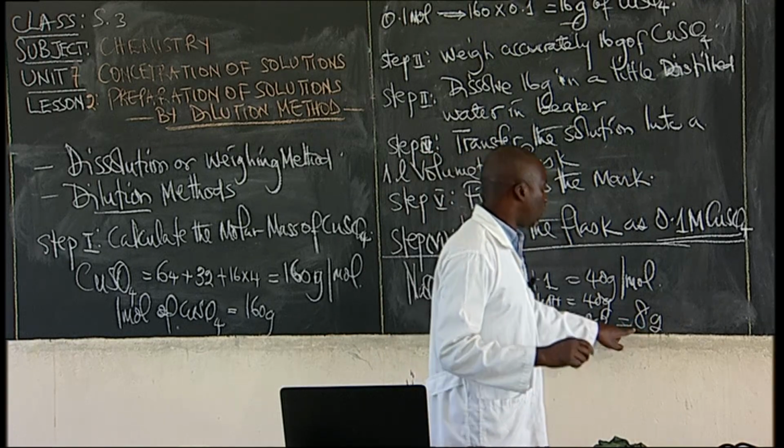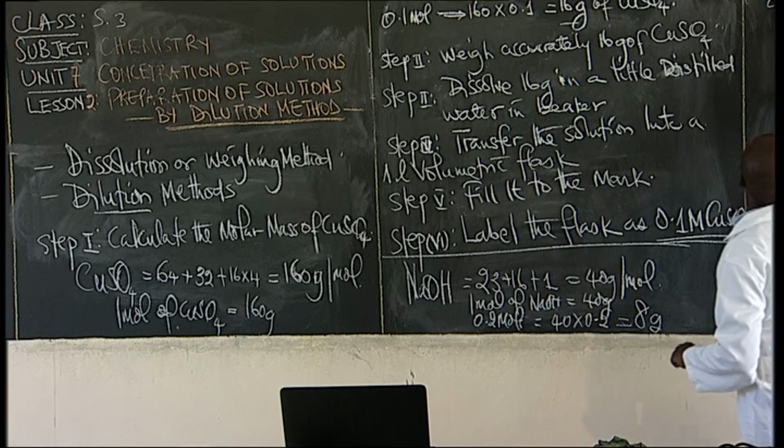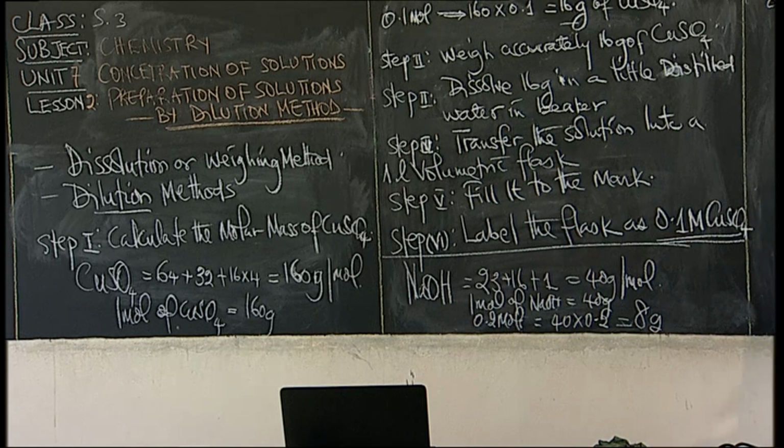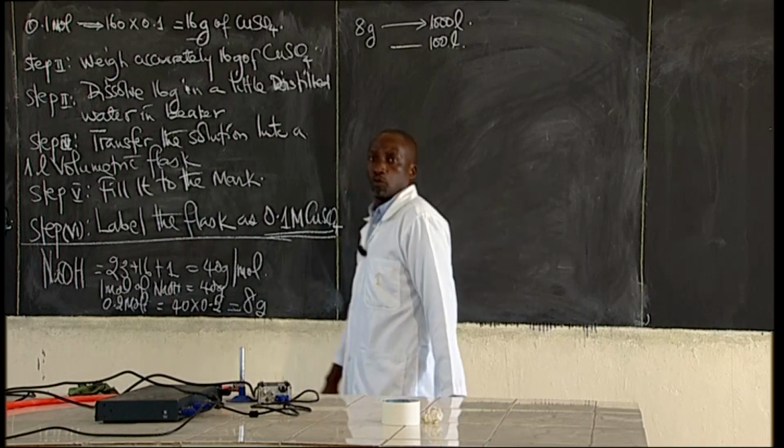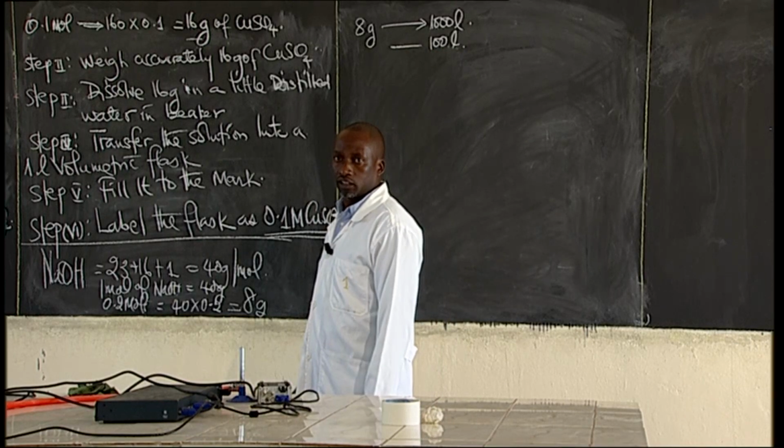So we have to convert. 8 grams are supposed to be in 1,000 milliliters, but we need 100 milliliters. So in 100 milliliters, how many grams are supposed to be there?